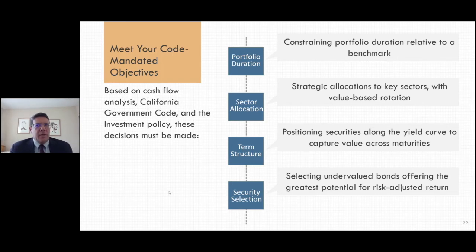And generally speaking, there are 4 areas where you have to have a conviction and a decision on what you're going to do with a fixed income portfolio. Sometimes we call this the 4 pillars of fixed income investing. Sometimes I call it the 4 levers that you can pull to control risk and drive return in a fixed income portfolio. They are portfolio duration.